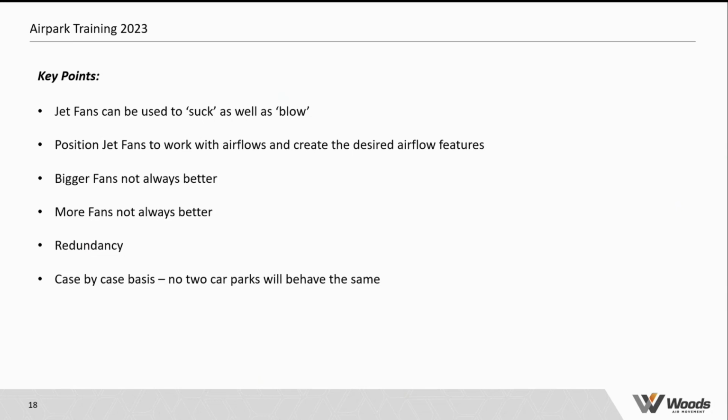It's a good idea to position jet fans to work with the airflows already in the car park. I mean, we weren't able to do that so much in this example because of the relative positions of the extract points relative to the supply ramp.